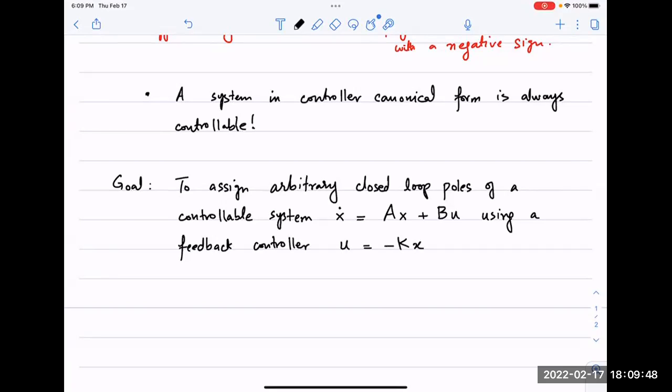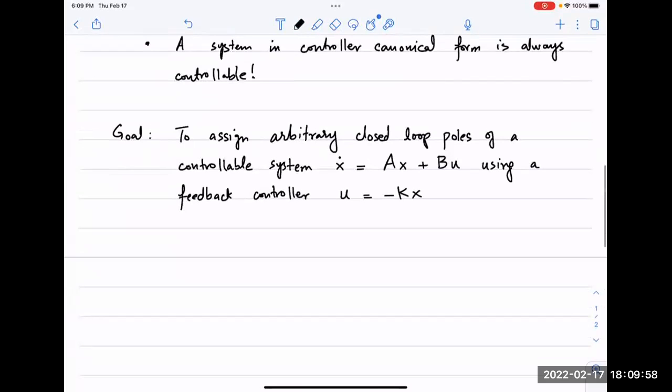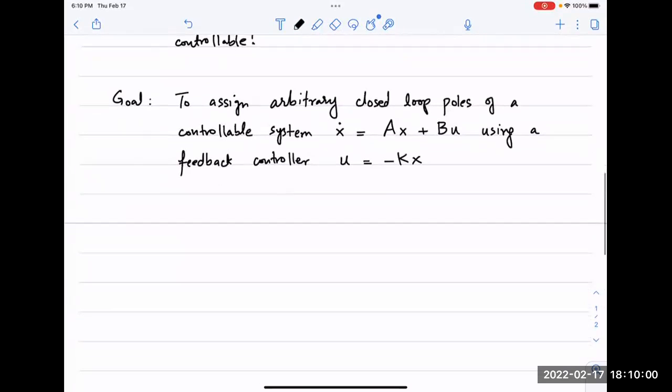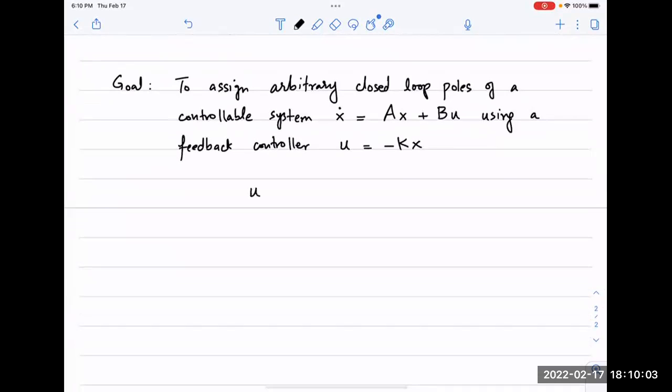Your u will be minus K times x, a combination of the different states of the system. You have the system which takes input u, with x dot equals Ax plus Bu dynamics going on, and y equals Cx, so your output here is only y.